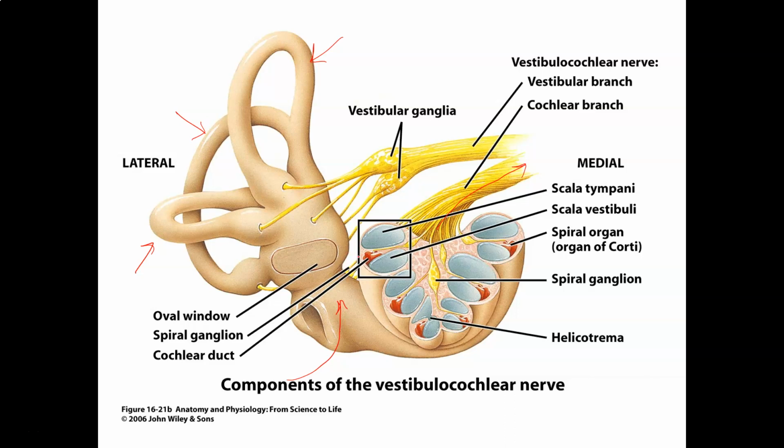And they work actually quite similarly to the hearing receptors in that the receptor cells are also hair cells, specialized epithelial hair cells, whose hairs are bent by fluid movement, which causes action potentials which can be carried away through the vestibular branch of the 8th cranial nerve, and then they merge to form the vestibulocochlear nerve.